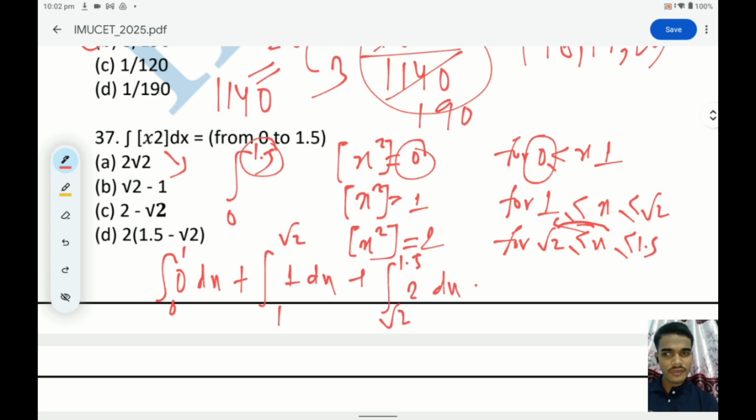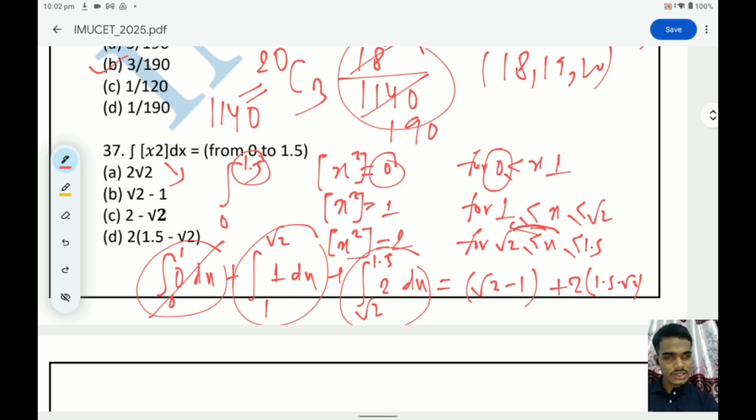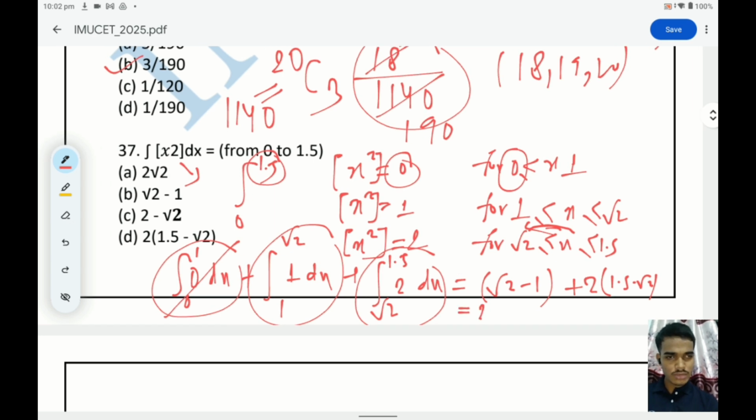If we solve it, from the first one our value is 0, from the second one our value is root 2 minus 1. From the third one our value is 2 into (1.5 minus root 2). If we solve it, we will get 2 minus root 2, because this is 3, and 3 minus 1 is 2, and root 2 and 1, minus 2 root 2.